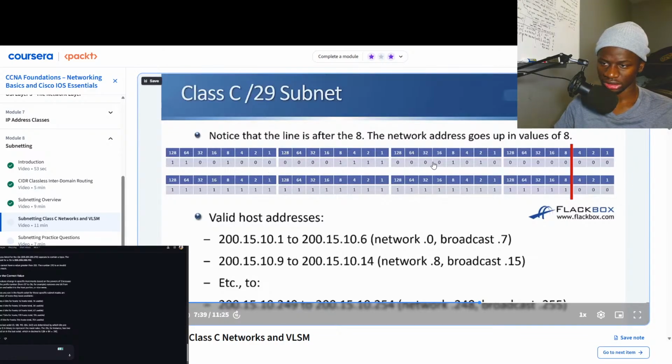So in these last octets, 2 bits are turned on. Okay. So for /27, that will be how many? 3 from 24. Yeah, that would be 3.